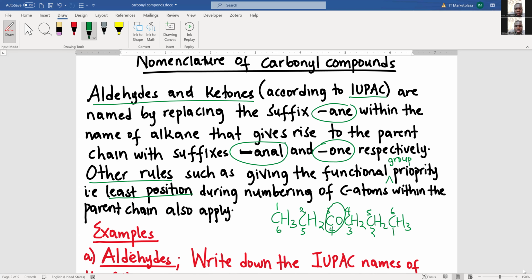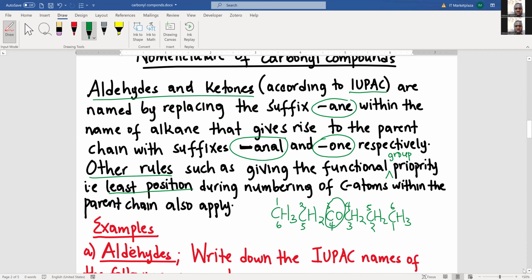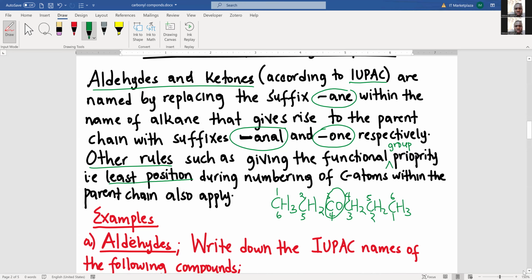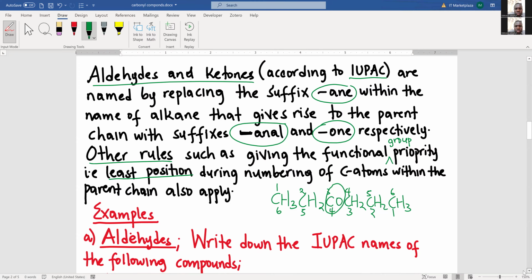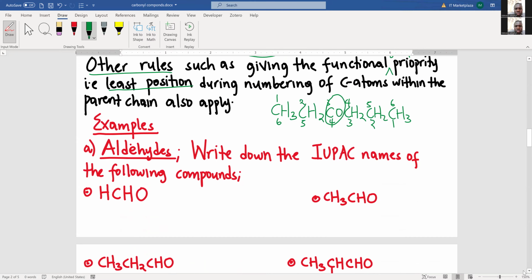In my examples, I start with aldehydes. Don't forget, we have said that generally, according to IUPAC, we replace -ane within the alkane that gives rise to the parent chain with -anal or -one, depending on whether I'm naming an aldehyde or a ketone. So I start with aldehydes. We want to write down the IUPAC names of the following compounds. This is my first example.